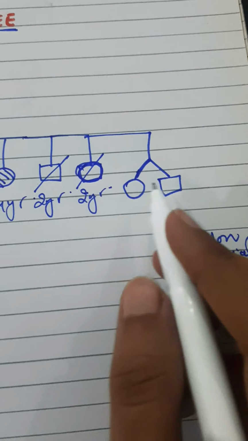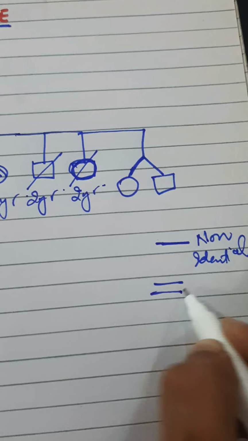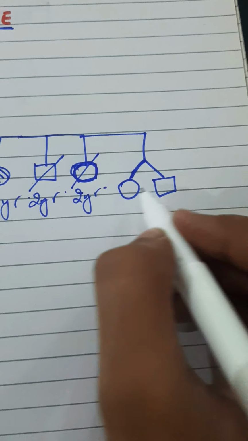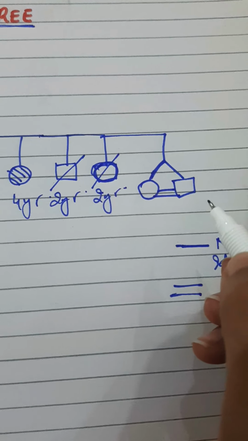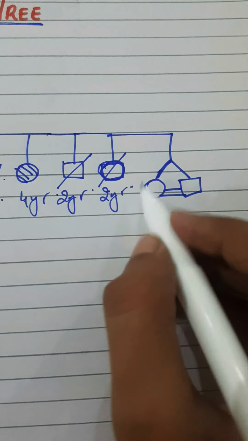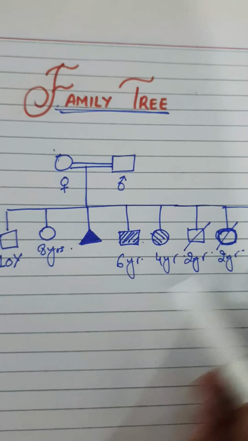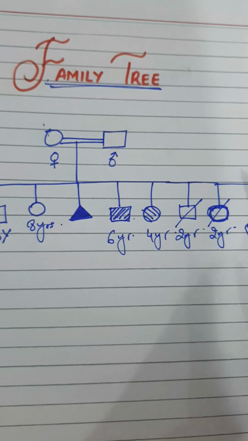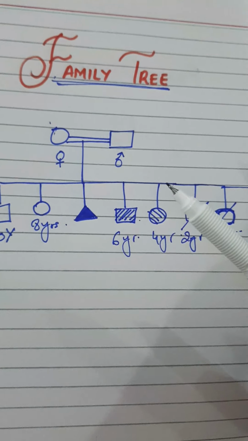And if the twins were identical to each other, then we will draw a double line. So let's suppose these two were identical twins, then we will draw a double line between them, and below we write the age.